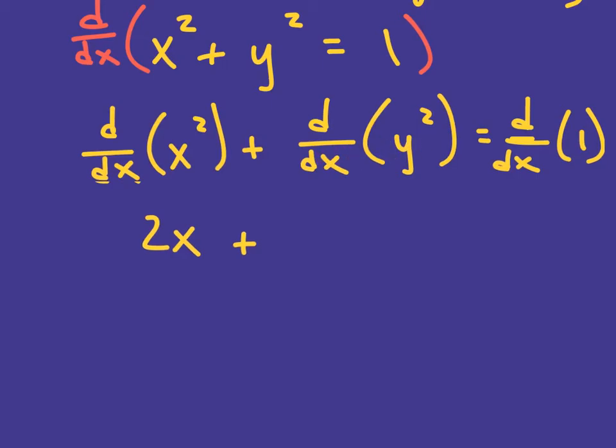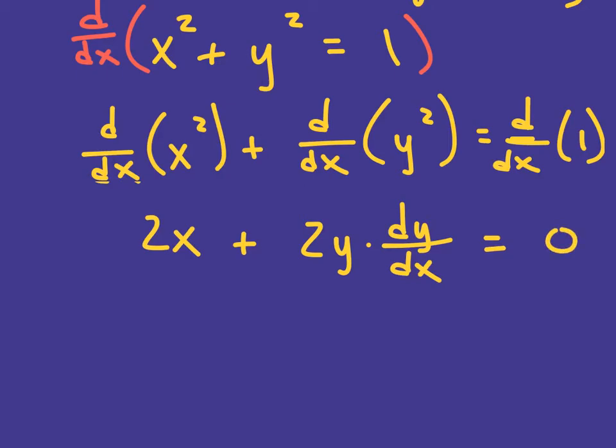So I'm going to get 2y, and then I'm going to multiply by the derivative of my inside function, which in this case is dy/dx. This is the same thing as multiplying by u prime. So my inside function was y, and so I'm going to put dy/dx there, and then over here, my derivative of 1 is simply just 0.